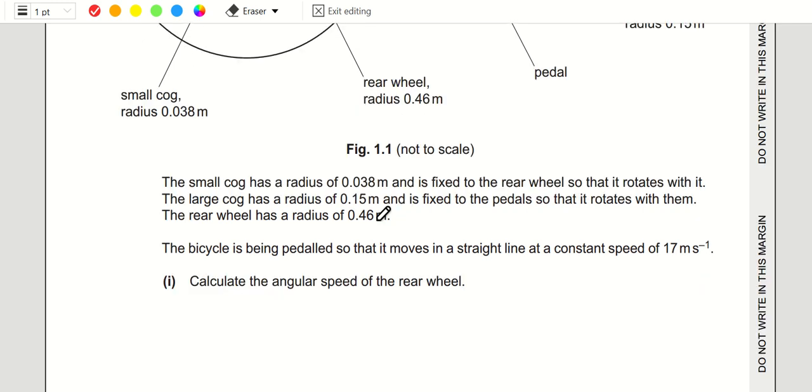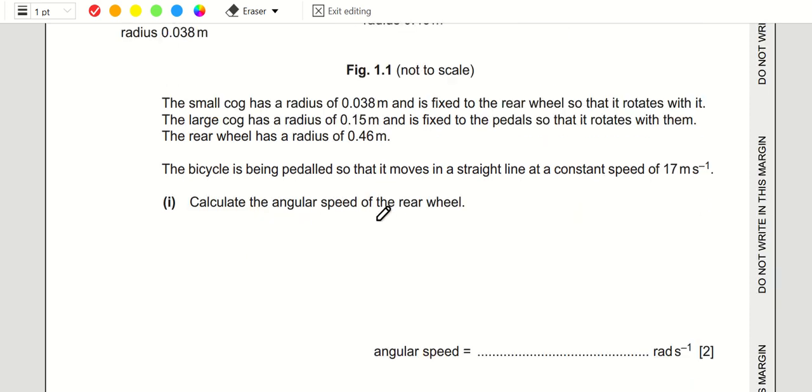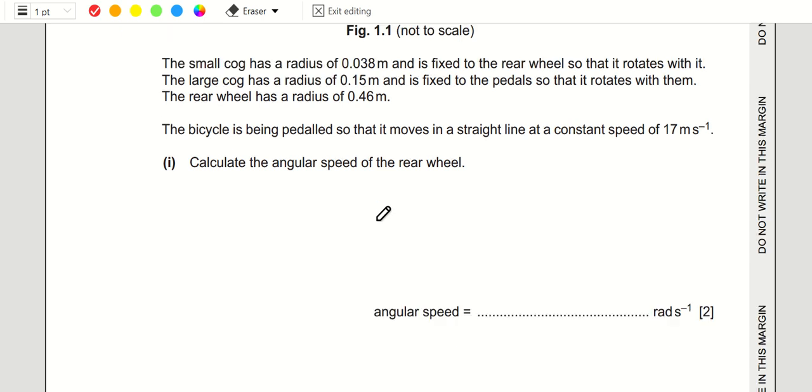The rear wheel has a radius of 0.46 meter. The bicycle is being pedaled so that it moves in a straight line at a constant speed of 17 meters second minus 1. Calculate the angular speed of the rear wheel.